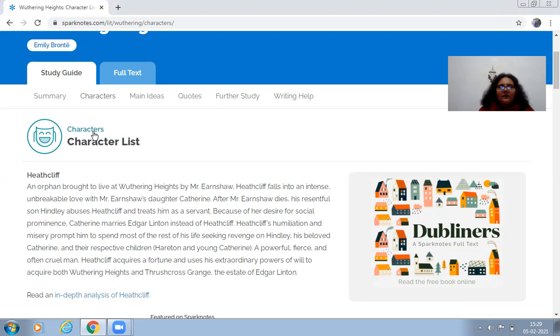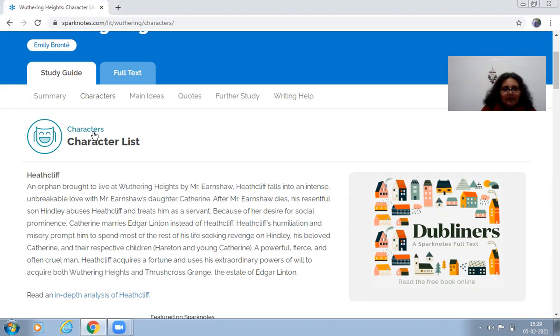Hindley and Catherine both live at Wuthering Heights. Wuthering Heights is the name of the place where they live. Heathcliff feels humiliated. But since he is powerless, poor, an orphan, dependent on the Earnshaws, he cannot do anything.